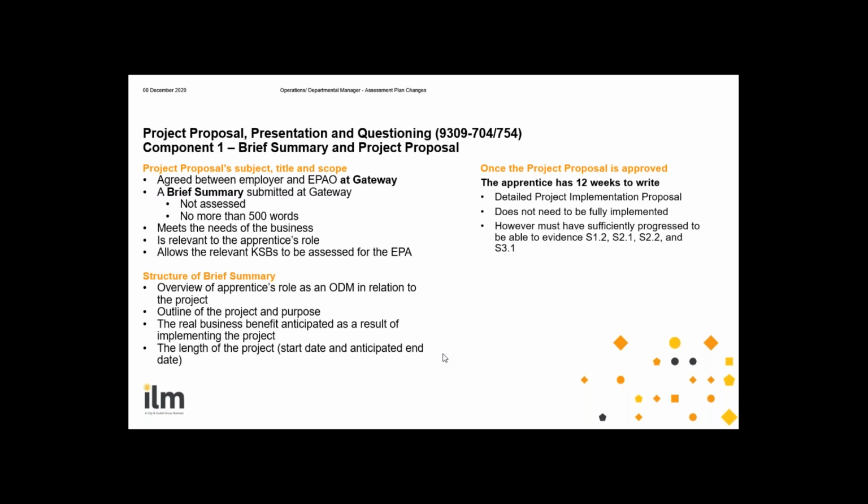Once received, the IEPA will review the brief summary and decide whether to accept or reject it. Again, the decision is purely based on the information provided, establishing whether there is enough scope and opportunity for the apprentice to demonstrate the knowledge, skills, and behaviors and grading descriptors which are mapped to this method.